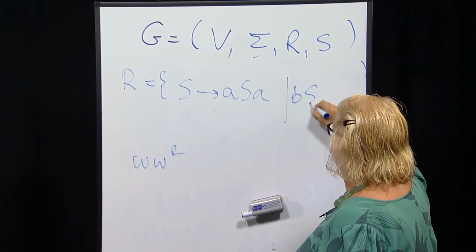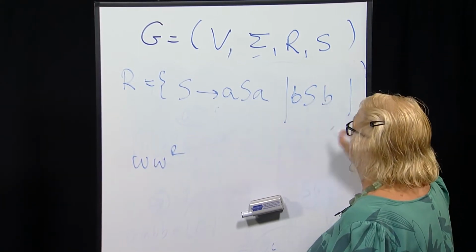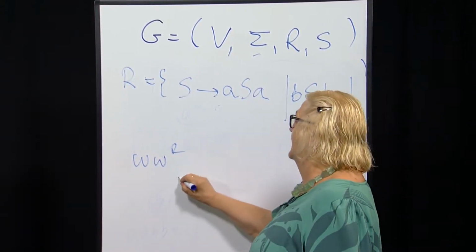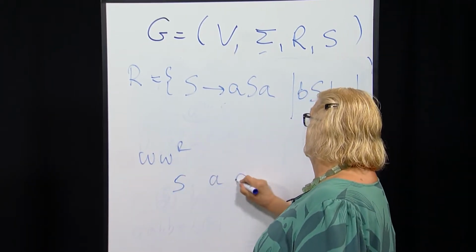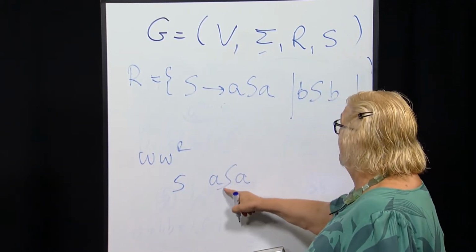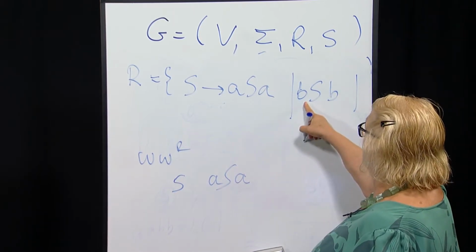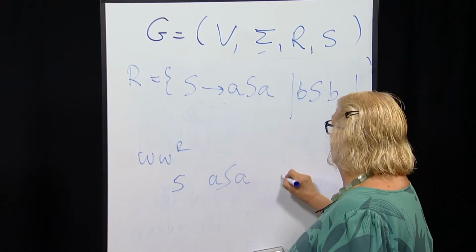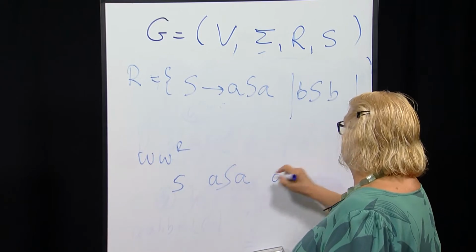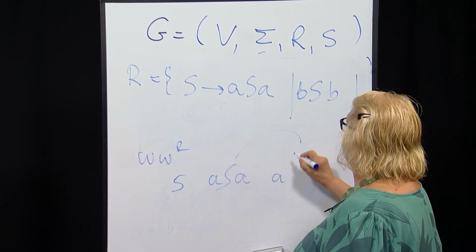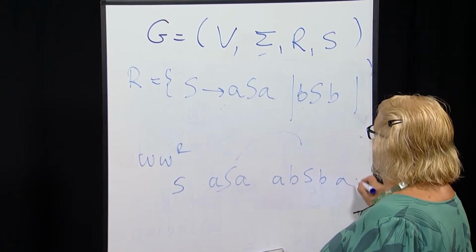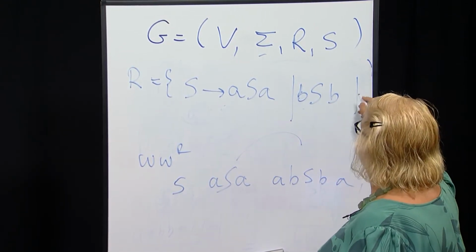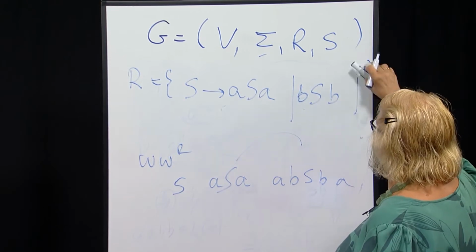And S goes to B S B. So you can see that I have S, I produce A S A, and now I use that rule, so I replace the inside S by B S B A, and so on. And of course you need the way out.